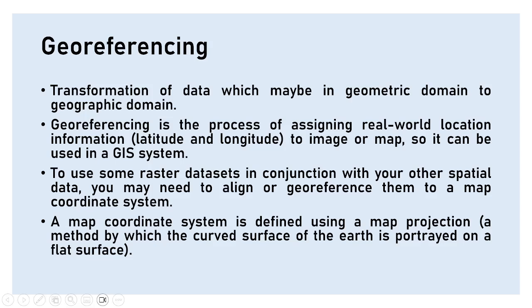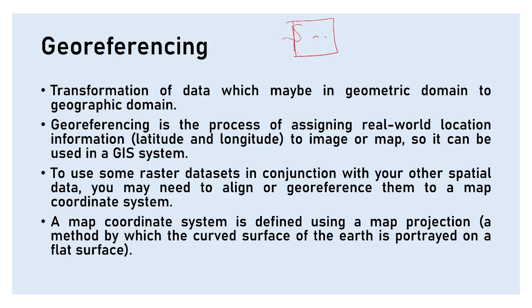Okay, so in this case, transformation of data which may be in geometric domain to the geographic domain. Basically, let's say you have an image or some map photograph. Let's say you have an India map photograph with you. This is a photograph only, but then you need to digitize it, in the sense of how you can pinpoint a location and everything.